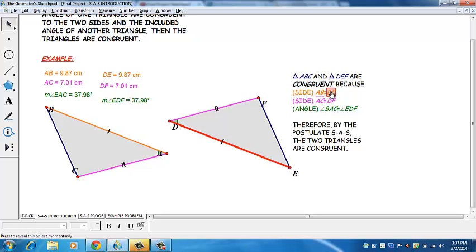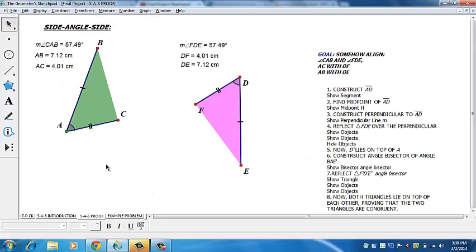As we can see right here, they have the same color to help us visualize and recognize that they're congruent. We have also side AC, which is this one right here, and DF, which are congruent too. And then we have angle BAC congruent to EDF. Therefore, by the postulate SAS, the two triangles are congruent.